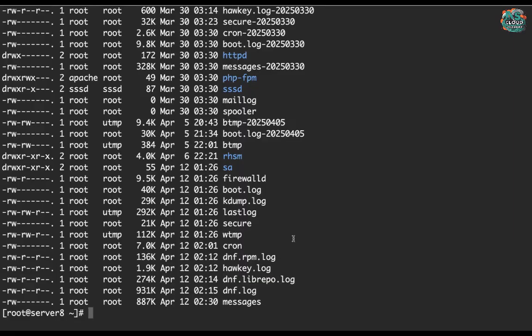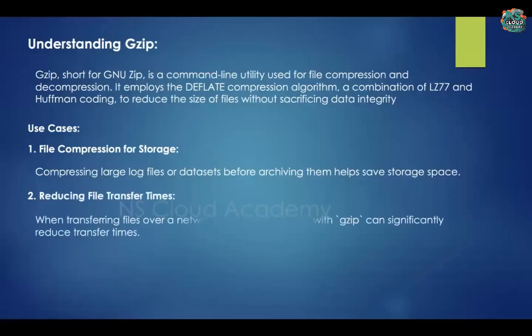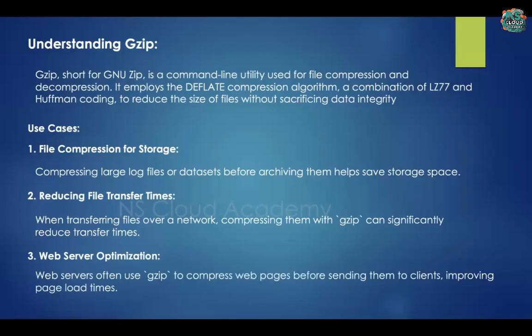So what is the benefit of gzip? First, reducing file transfer time. When transferring files over the network, compressing them with gzip can significantly reduce transfer time. It can save you time. Next, web server optimization: use gzip to compress web pages before sending them to the client, improving load time.